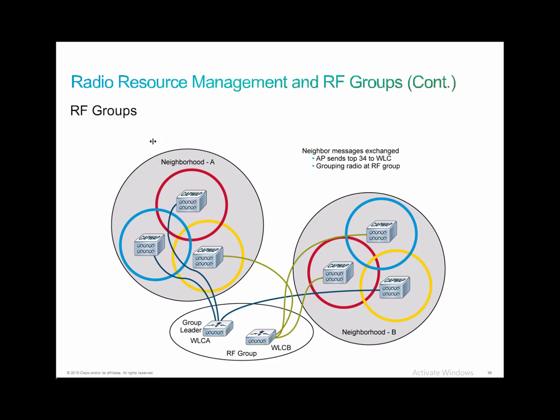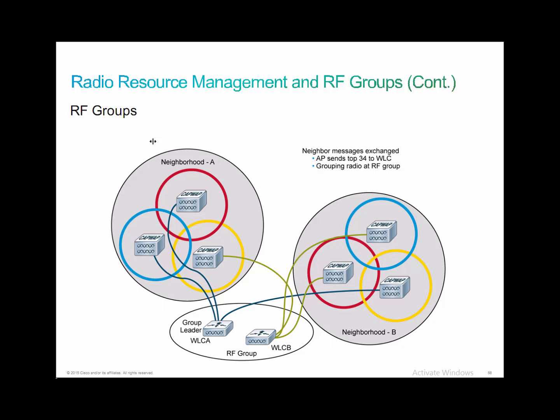When access points on a different controller hear neighbor messages at a signal strength of minus 80 dBm or stronger, that's a very important number, the controller dynamically forms an RF neighborhood in automatic mode. So it actually groups these access points together into a neighborhood dynamically. You can do it statically as well. The leader basically just manually selects the members and adds them to the RF group.